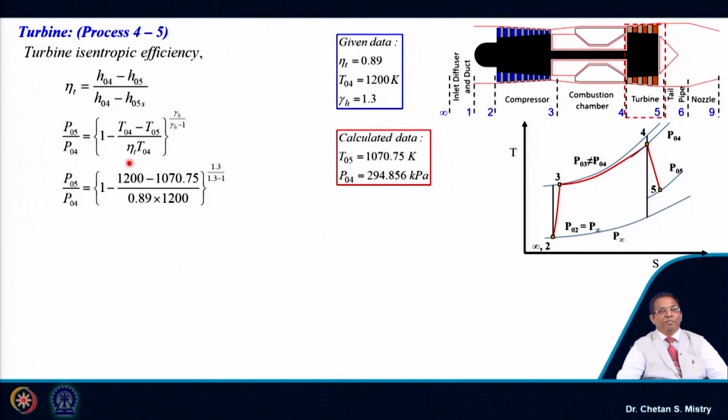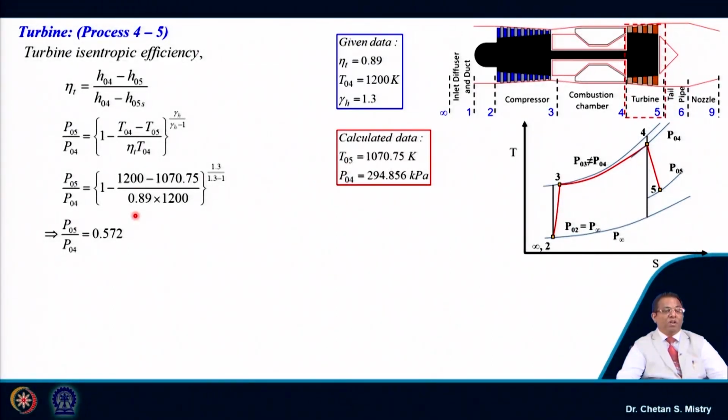My T04 is 1200 Kelvin, T05 is 1070.75, that is what we have calculated, and here my turbine efficiency is 89%. From this we can calculate what will be our expansion ratio, and this is 0.572, P05 by P04.